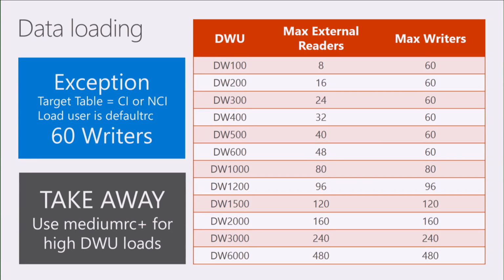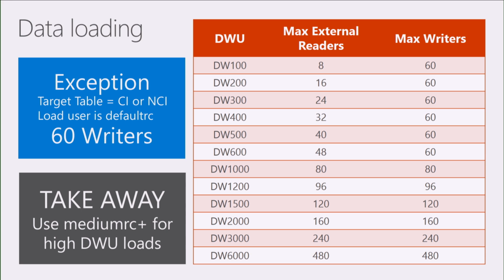Now, when it comes to data loading, it is an incredibly common pattern that people will look at when writing and loading data into SQL Data Warehouse. The reason they look at loading is because loading scales linearly as we increase the DWU, to about, I think we measured internally, around 6.5 terabytes an hour at the highest level.